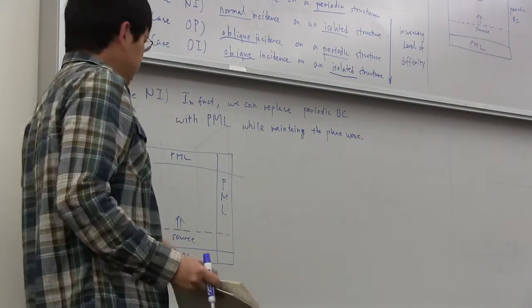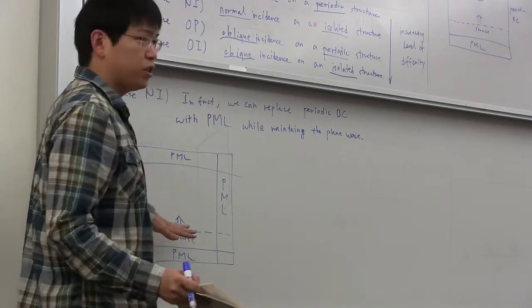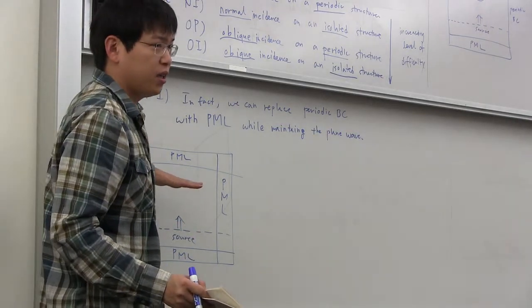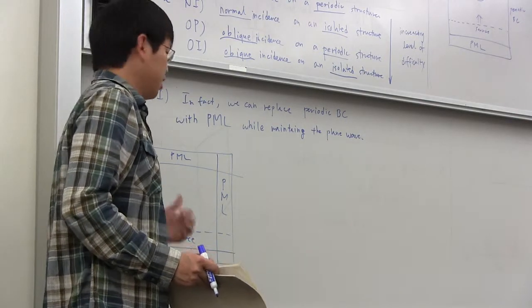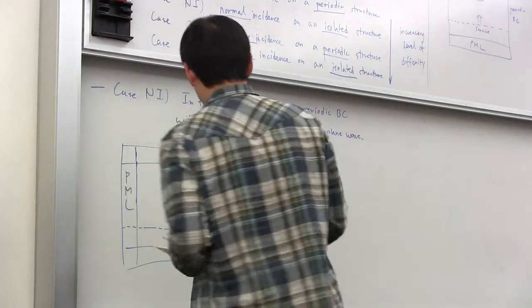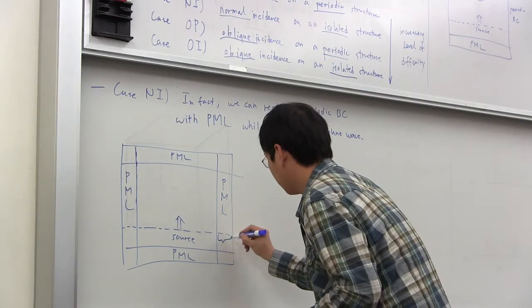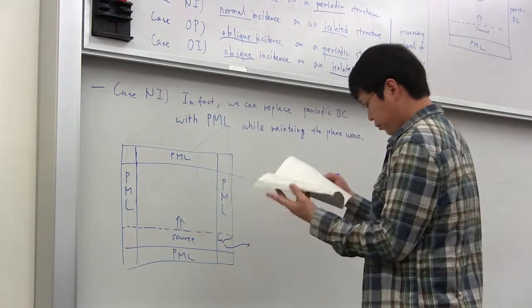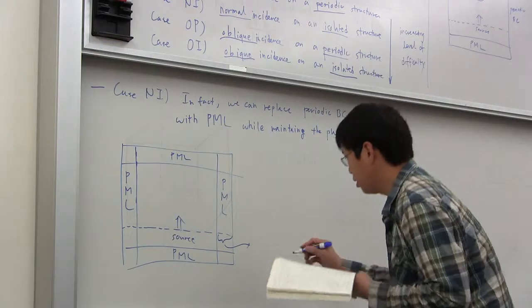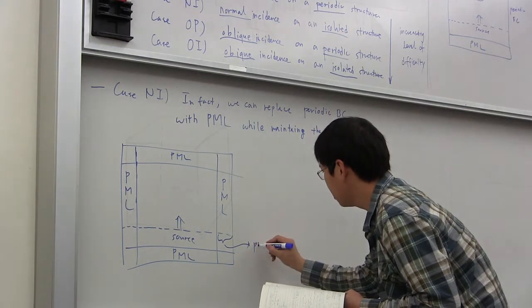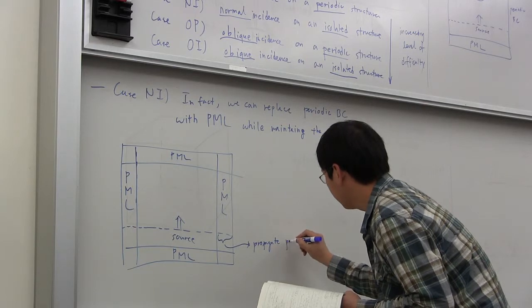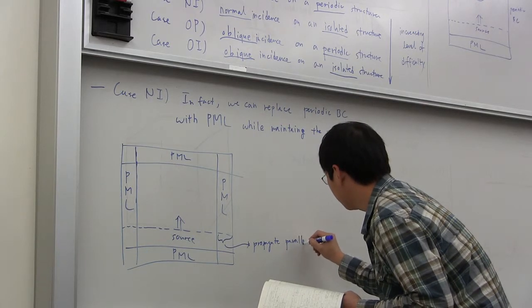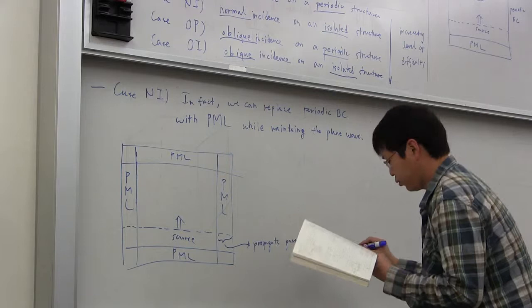The reason we can do this is that this source propagates upward, but the PML absorbs waves only in the normal direction. Therefore, in this section, the wave propagates parallel to PML.